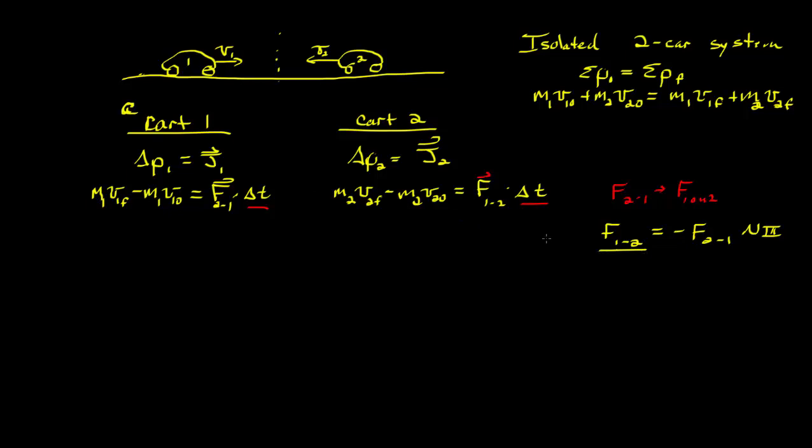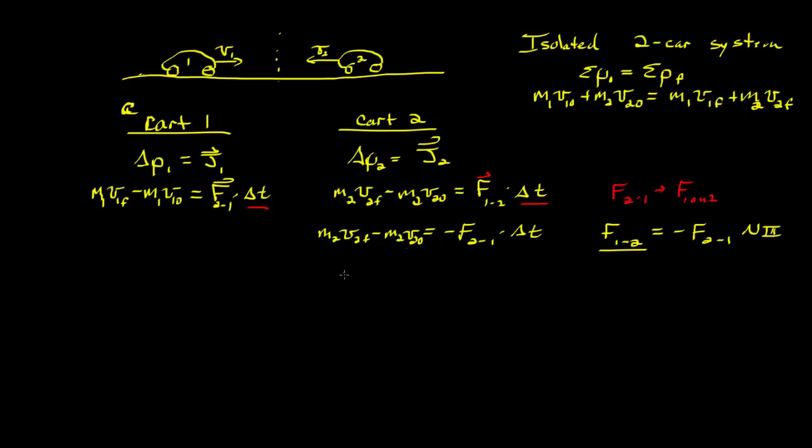It doesn't matter, but the way that I wrote it, let's just follow through. So we're redefining the force of 1 on 2 as negative force of 2 on 1. So all of this stuff is going to be equal to negative force of 2 on 1 times delta t, and that would be mass 2 v2 final minus mass 2 v2 naught. What I'm trying to do is make this look like this, and then we can set them equal to each other and get rid of the forces. So I can multiply everything by negative on this side.